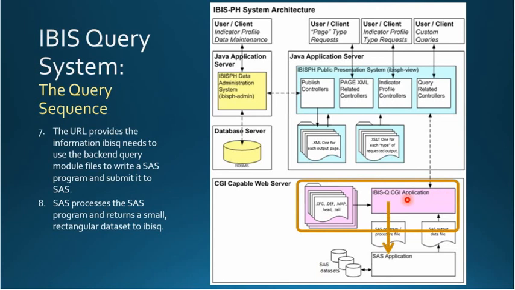So the IBIS-Q application knows from the URL which of these back-end files it needs, and it combines them with the selections on the URL to write a SAS program and submits that SAS program to the SAS application. SAS then runs the program against the SAS datasets and sends a rectangular data file back to IBIS-Q.